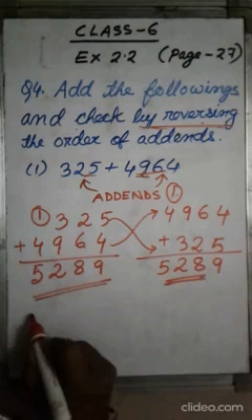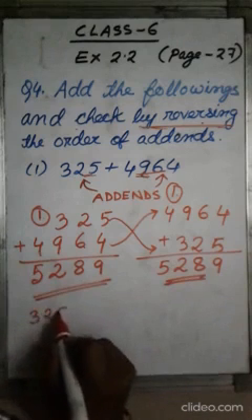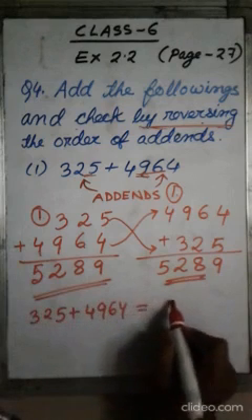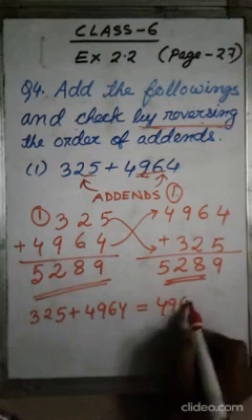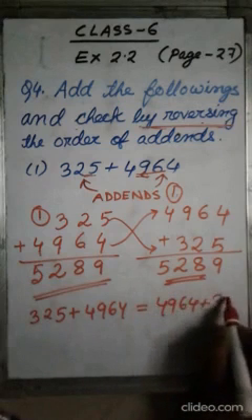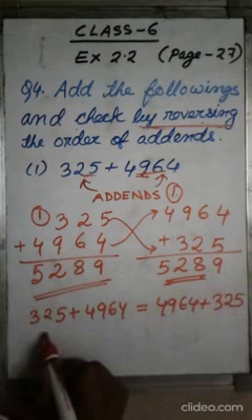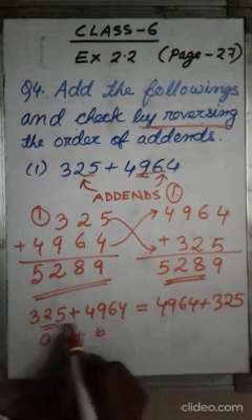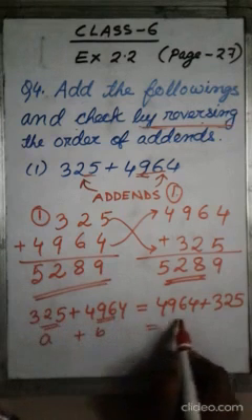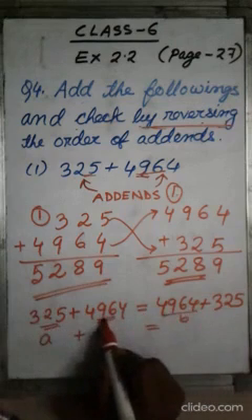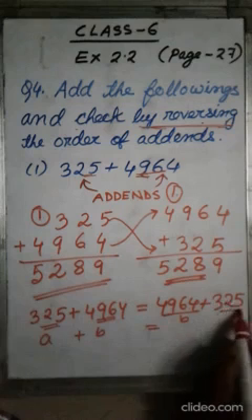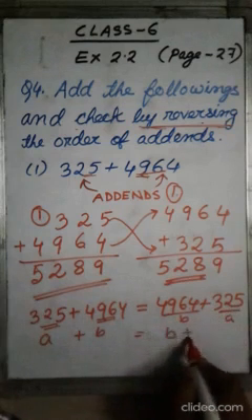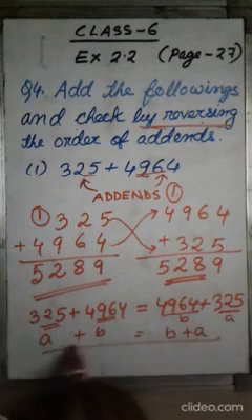It means 325 plus 4964 is equal to 4964 plus 325, which means A plus B. If this is A and this is B, then in the other order this is B and this is A. So I can write B plus A. What was this law?